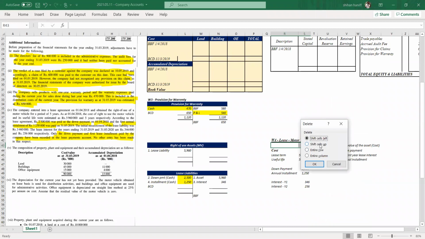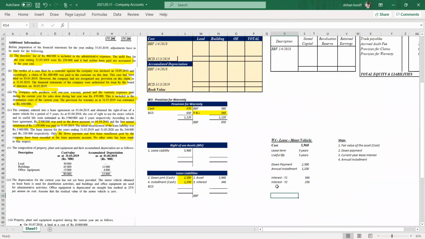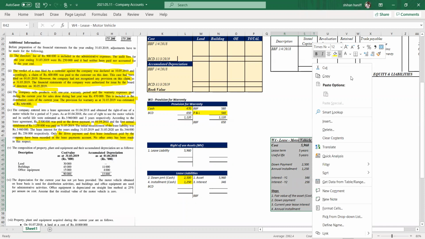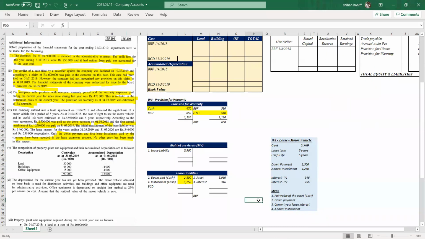What is the balance? What is the lease liability account balance?